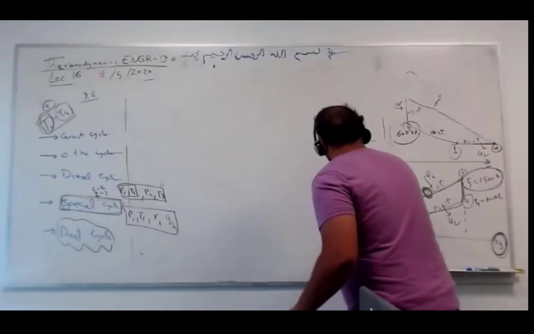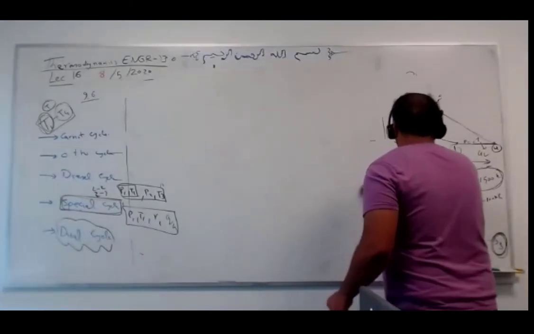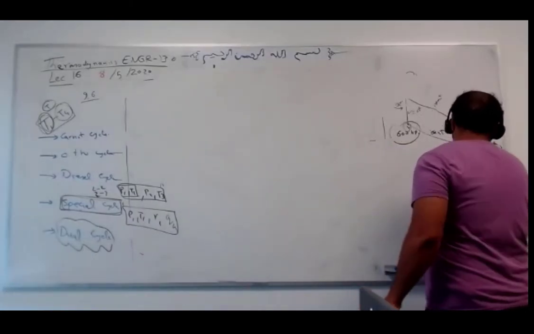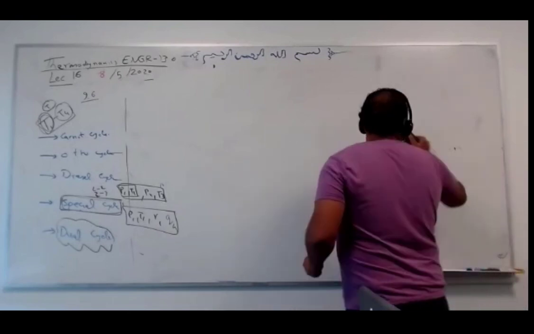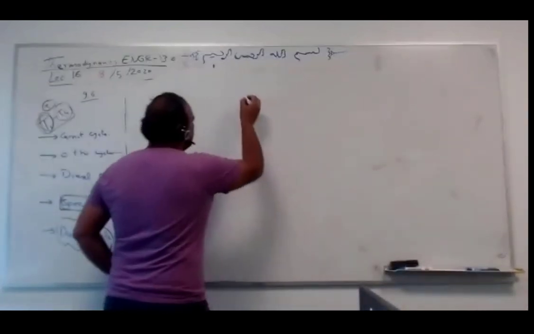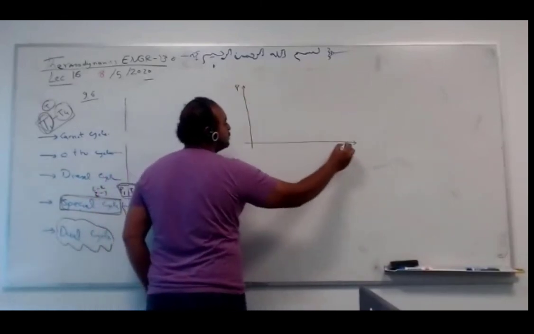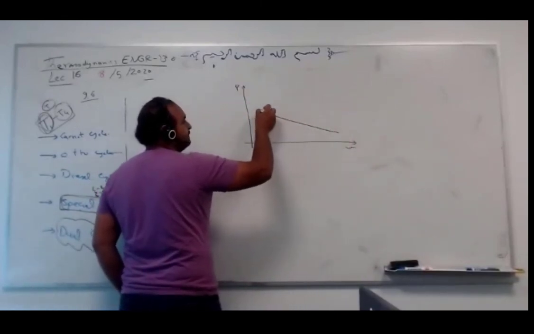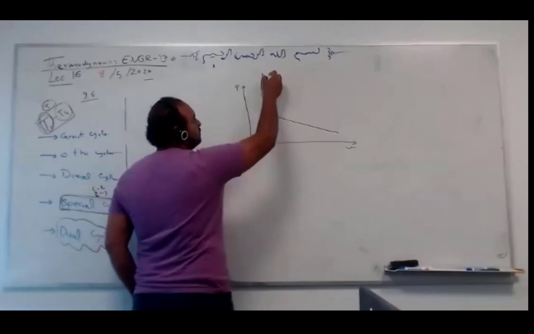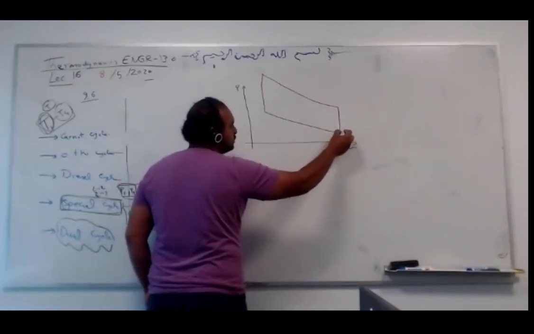So the dual cycle is a combined cycle between Otto and diesel. Let's repeat what happened in Otto, for example. Otto is like this. Let's talk about the PV diagram. PV diagram Otto: 1 to 2, 2 to 3, 3 to 4. This is Otto, correct?